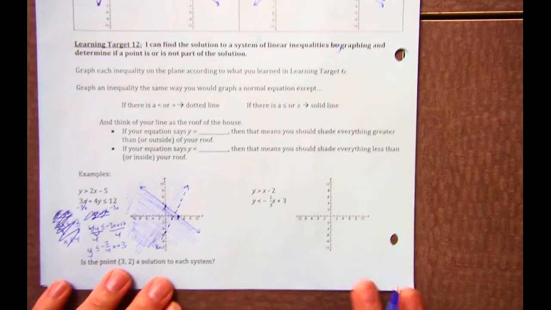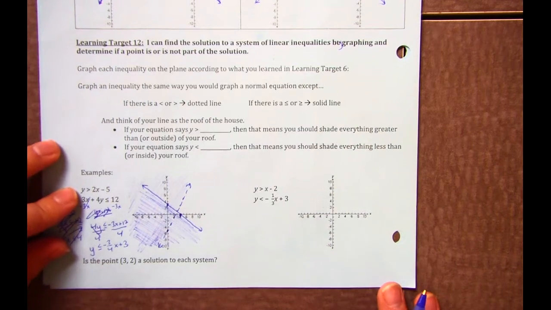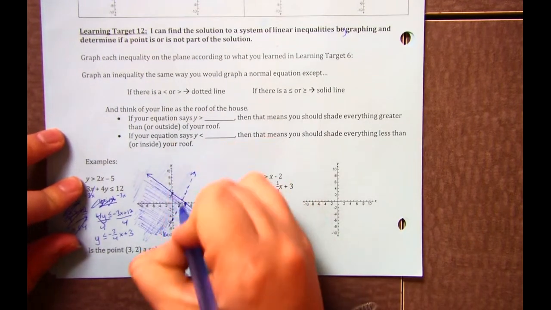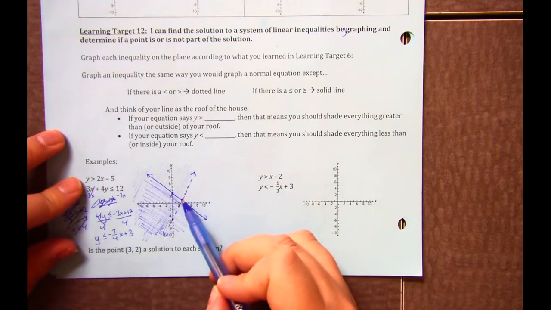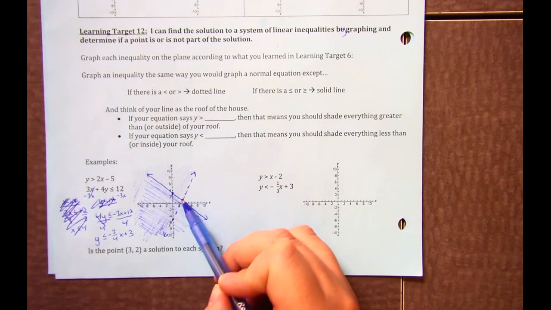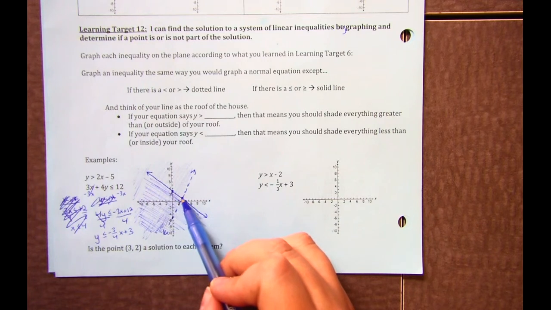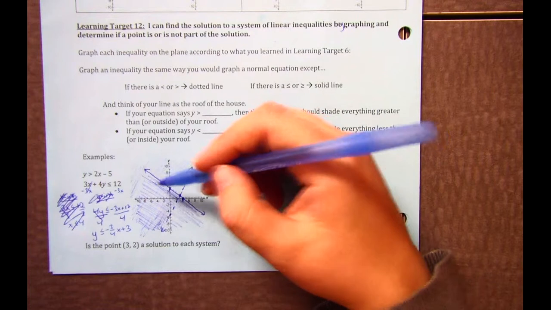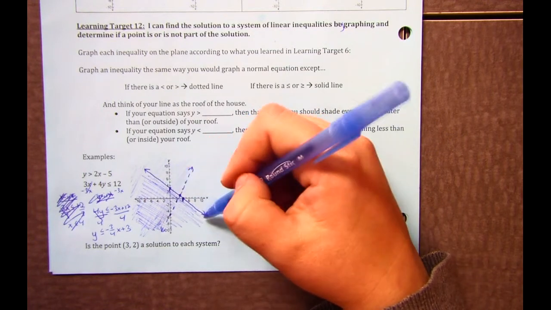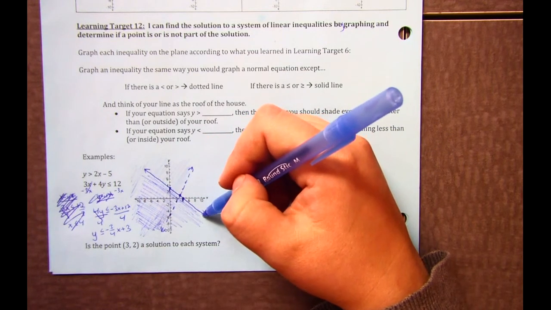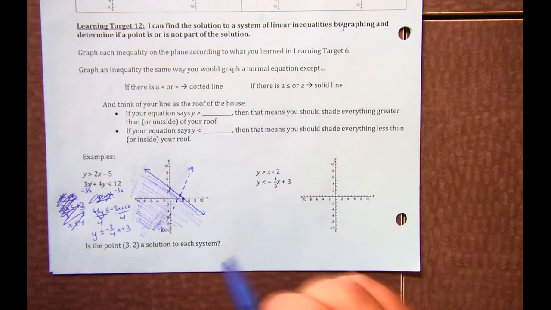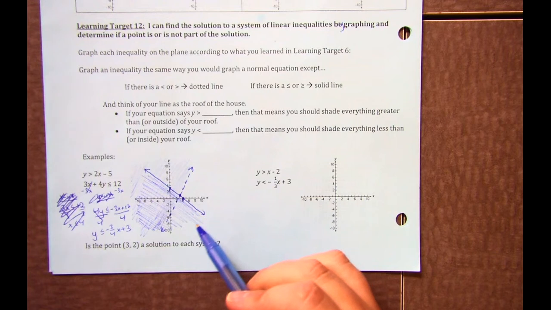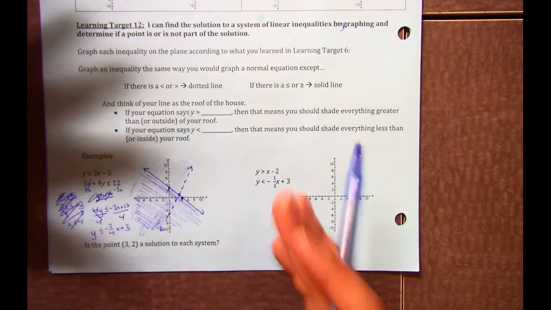Now, if we were going to solve this by substitution or elimination, we would have only gotten that point right there, where those two lines are intersecting. But the solution to a system of inequalities is where the graphs are intersecting, but the graphs are not just represented by these lines. In an inequality, the graph is represented by the line and all of the shading. So we're not just looking for where the lines cross, we're looking for where the shading crosses also.